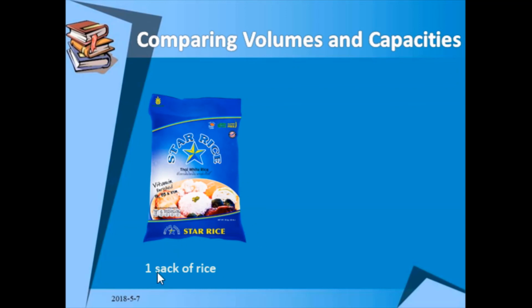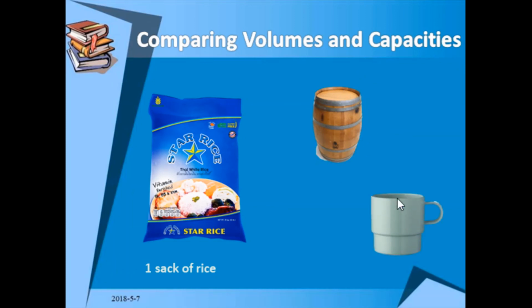Let's choose between the 2 containers that I have here: a big barrel and a cup. I want you to choose which container has bigger capacity to hold the 1 sack of rice. Is it the barrel or is it the cup?